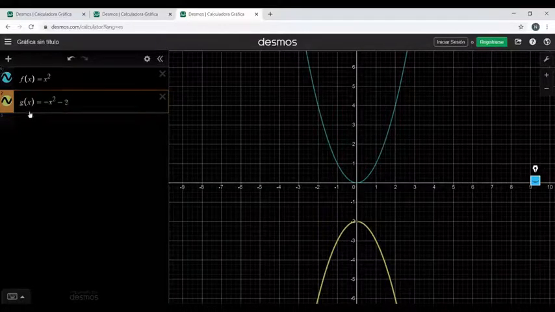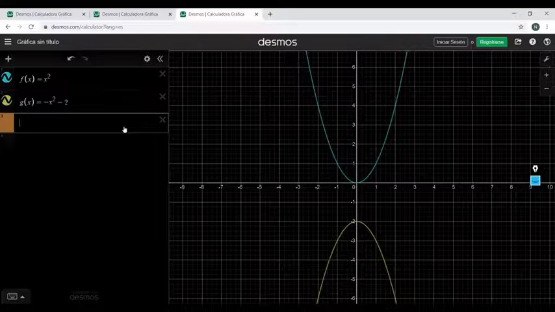So this new function g is actually applying two types of transformations to my original function f, which in this case are a reflection about the x-axis and then a translation of 2 units downwards. Why do I say to take order into account?